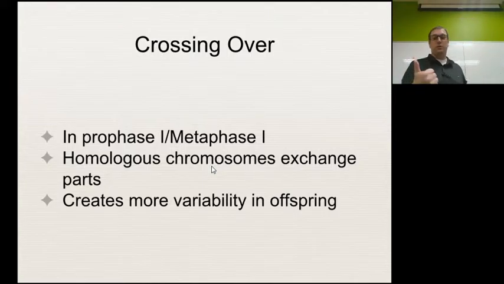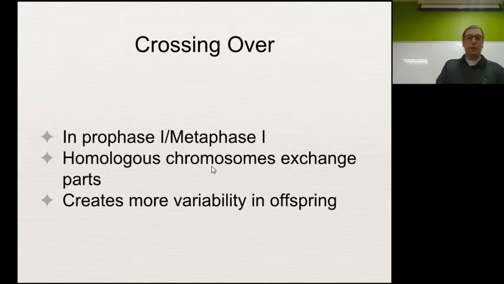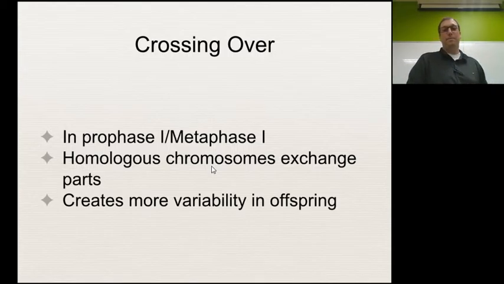One might code for hitchhiker's thumb, one might code for straight, but they're both coding for thumb shape. Okay? So they exchange alleles of those same genes, and this creates more variability in the offspring, which makes nice little fuel for evolution. All right, thank you, and that should be the last video lecture for this chapter.